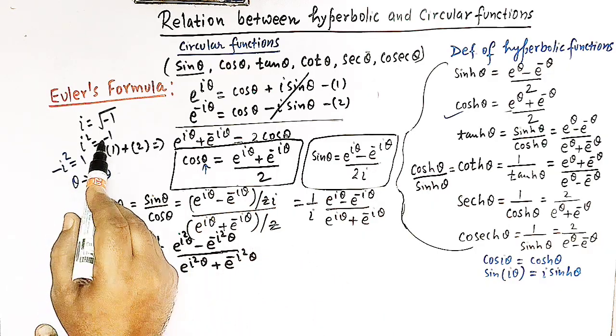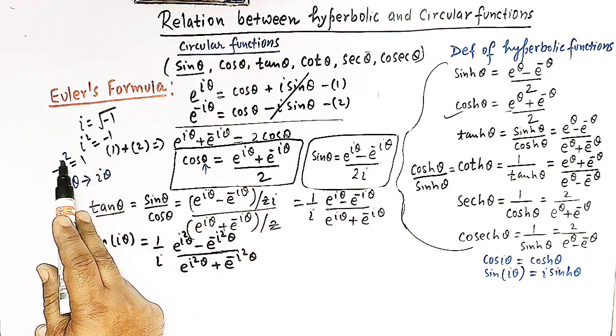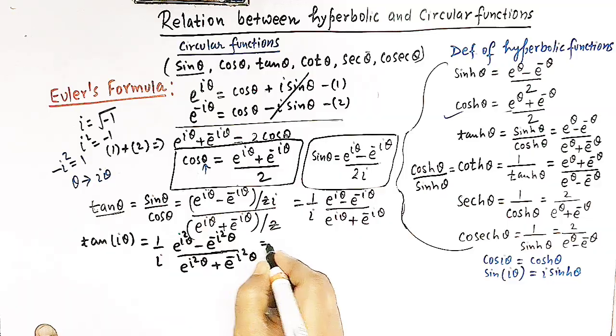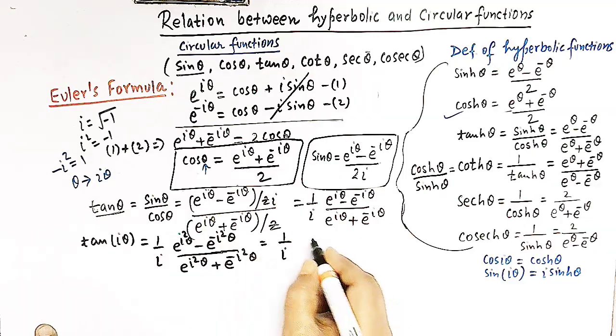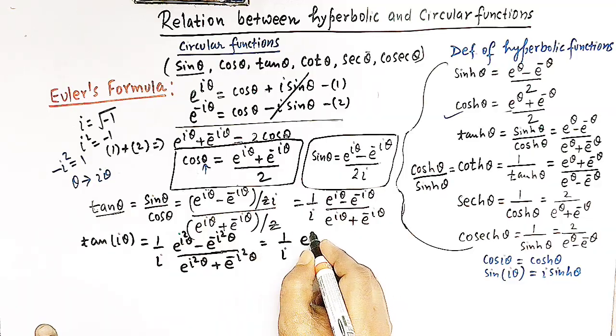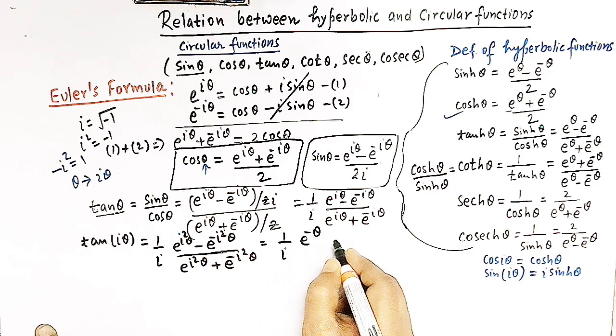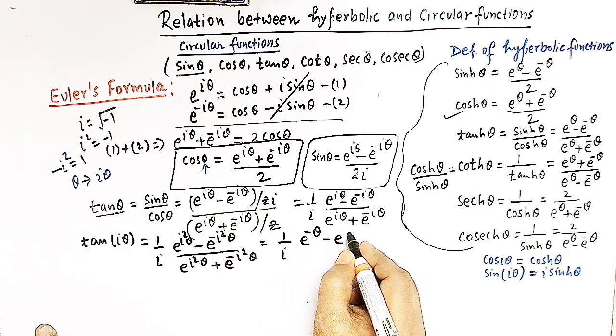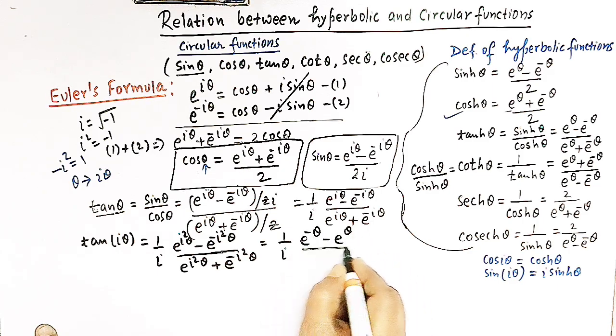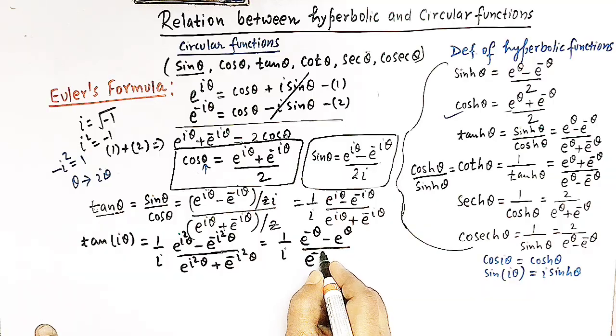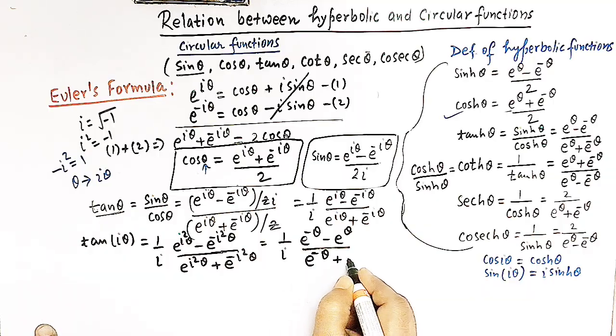And i² is minus 1 and minus i² is plus 1. So we have 1 over i, and e raised to minus θ, then minus e raised to plus θ, divided by e raised to minus θ plus e raised to θ, right?